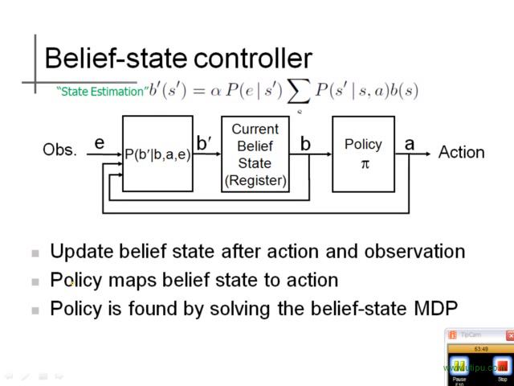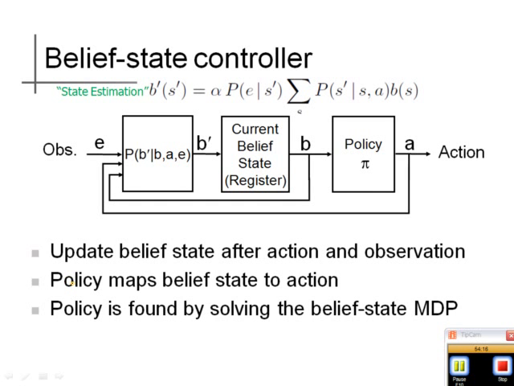Now notice the way this picture is written. As soon as you did the action A, you can essentially compute your expected belief state. But then you also got this observation E, so you sort of de-normalize to take into account this evidence that has been presented to you.